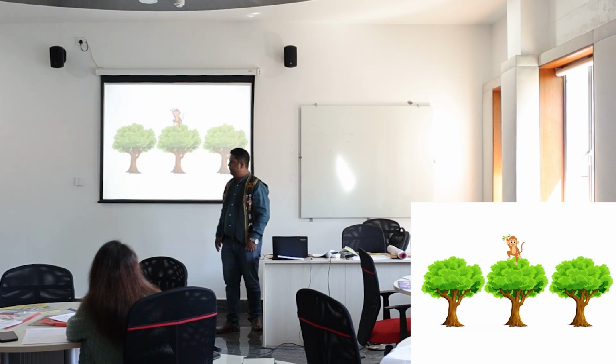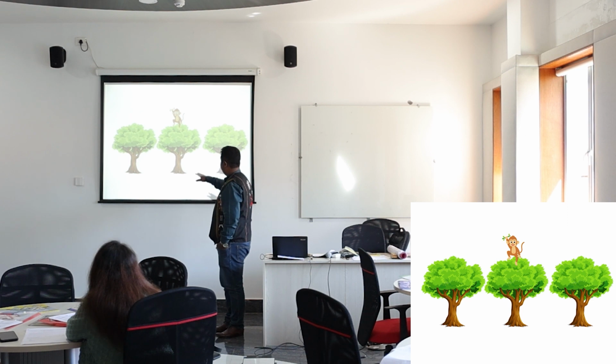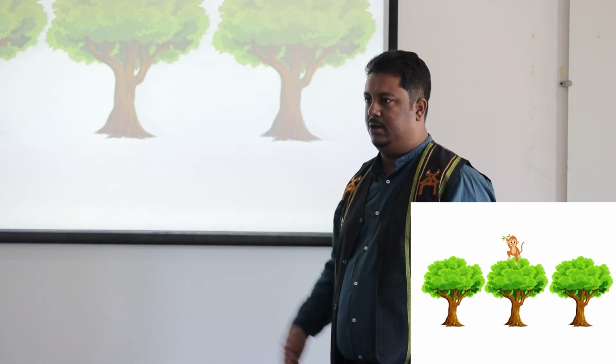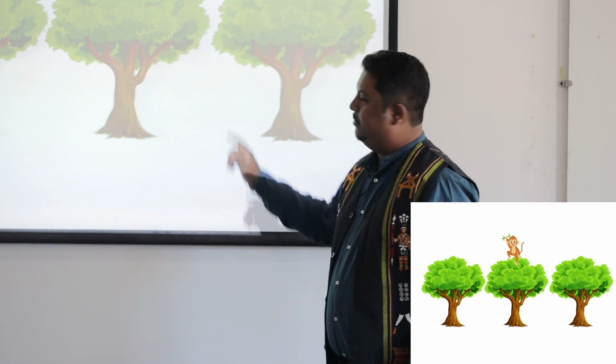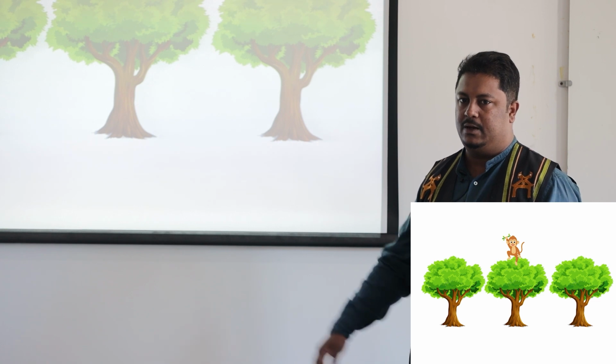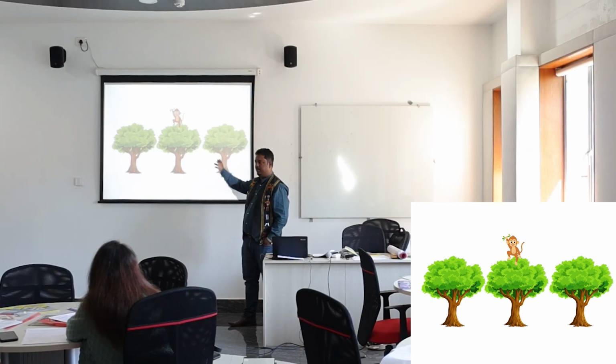It's a small diagram. You see there are 3 trees, and if you know the hoolock gibbon, you have seen the hoolock gibbon, right? The hoolock gibbon needs a canopy. It cannot walk on the ground because it has long hands and short legs. So if there is a continuous canopy, it is a very prime habitat for the hoolock gibbon. They can easily travel from one place to another, right?